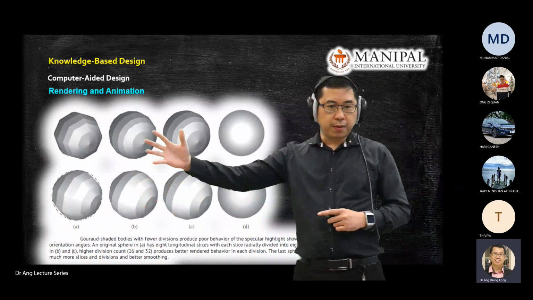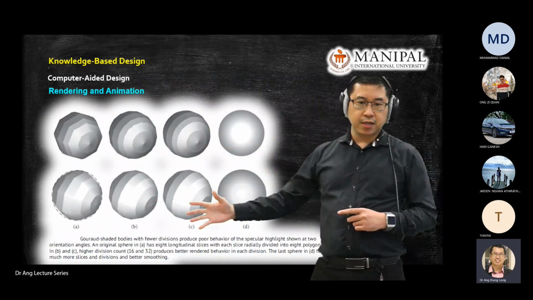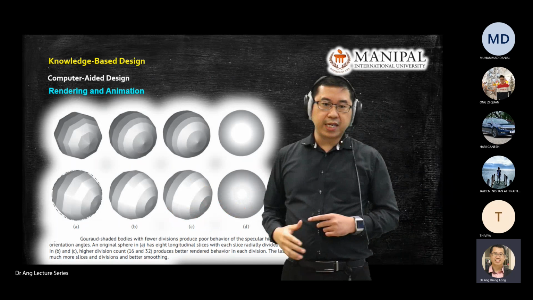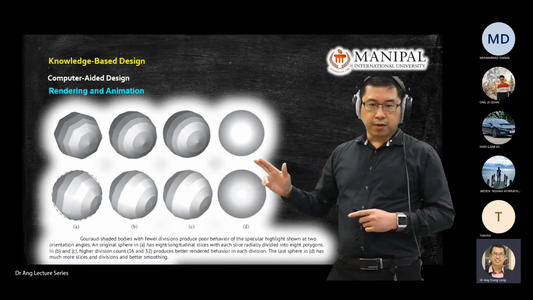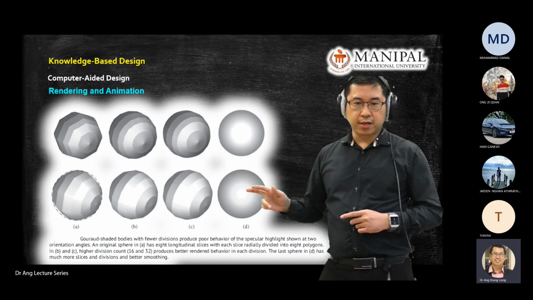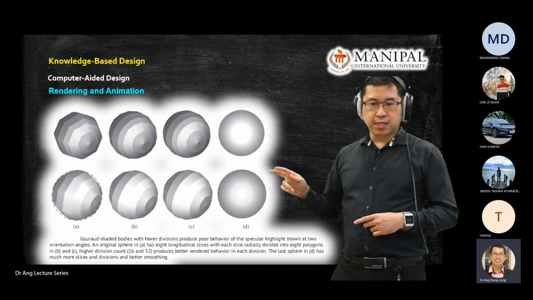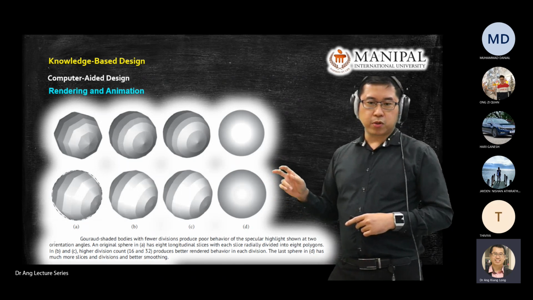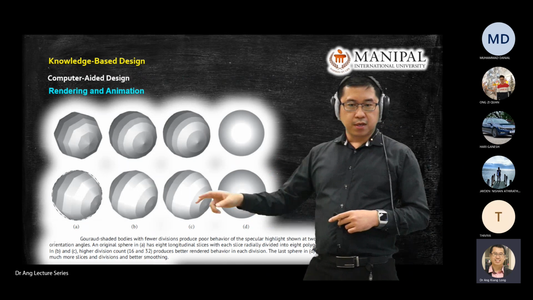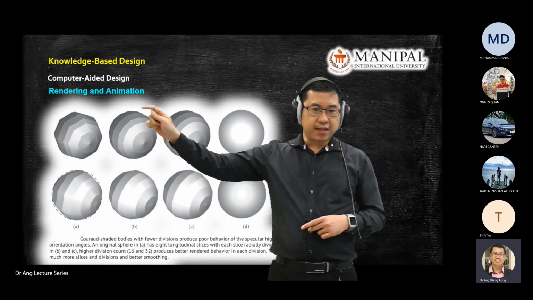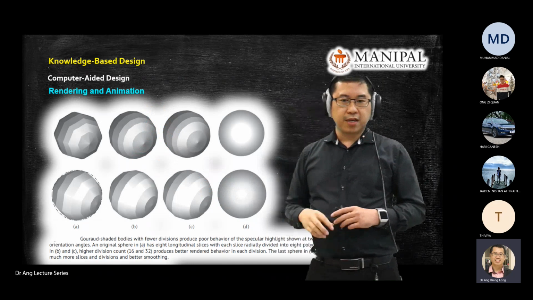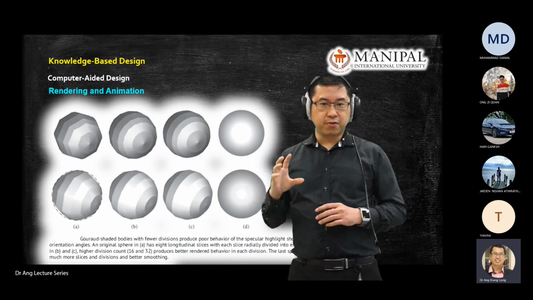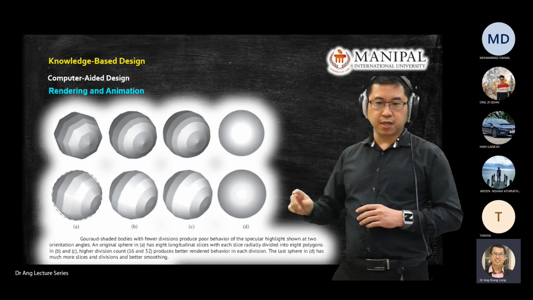This one will be more on the rendering resolution. When you do analysis later on, the higher your resolution, the better the results. However, there's a drawback. The higher the resolution or meshing, the more time it takes to do the analysis. However, a lower resolution will give you very fast processing if you do analysis, but the accuracy will drop significantly.